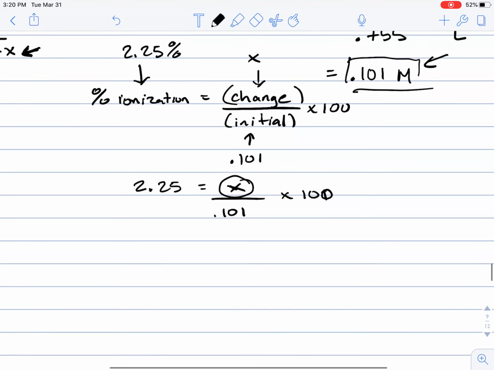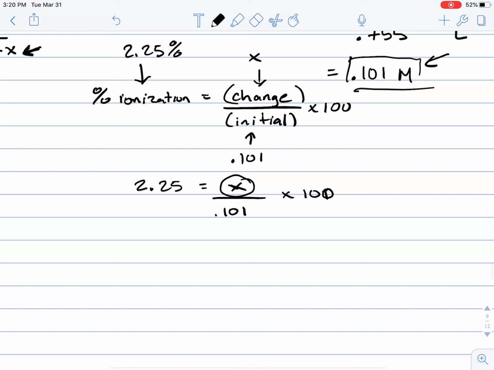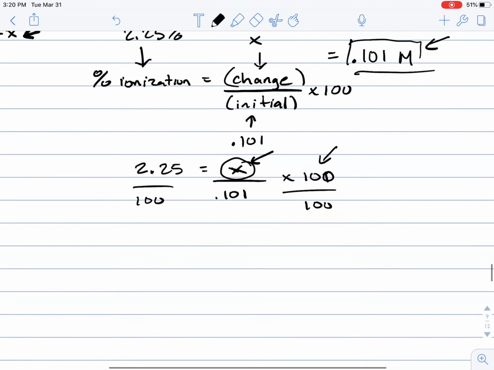The first thing you're going to do is divide by 100. Pretend that this x is a princess trapped inside a castle. To get to the princess, you want to work outwards in. Since this times 100 is furthest from x, we're going to divide that to the other side.